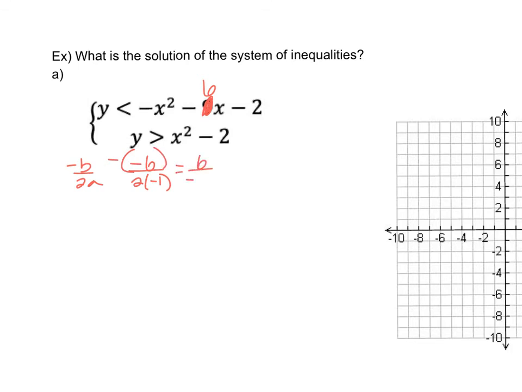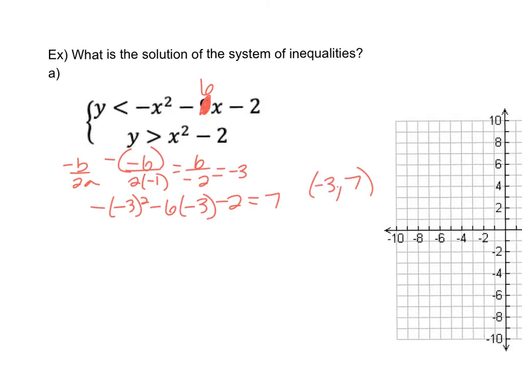So it would be positive 6 over negative 2, which would give me negative 3. All right, plug that back in. So that would be negative times negative 3 squared minus 6 times negative 3 minus 2. And when you plug that in your calculator, you get 7. So your vertex is at negative 3, 7.